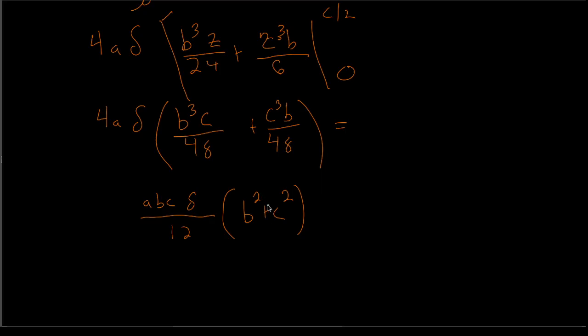And so we have delta a b c, which is the length times width times height, which is equal to the volume, and the volume times the density is equal to the mass.